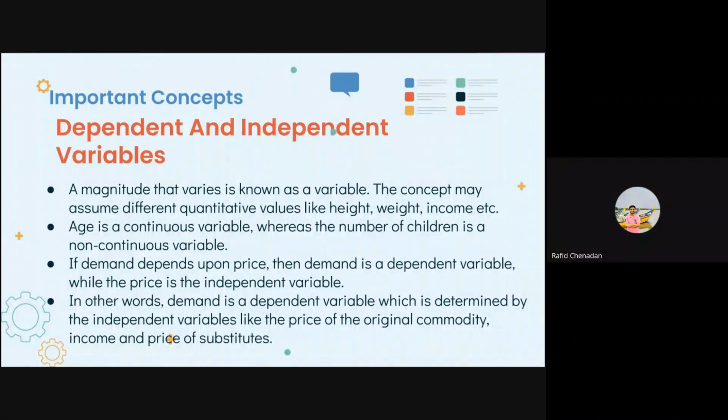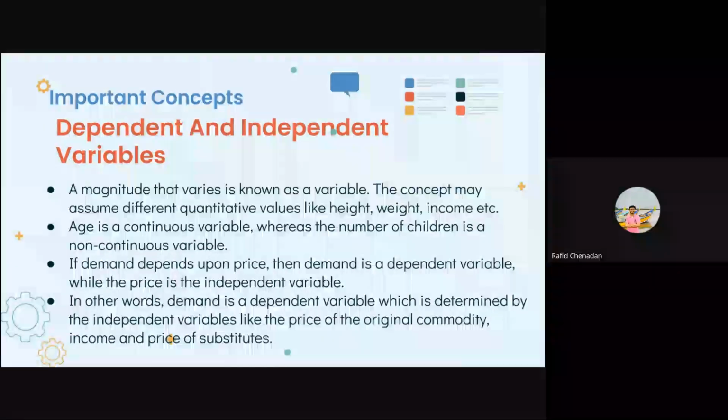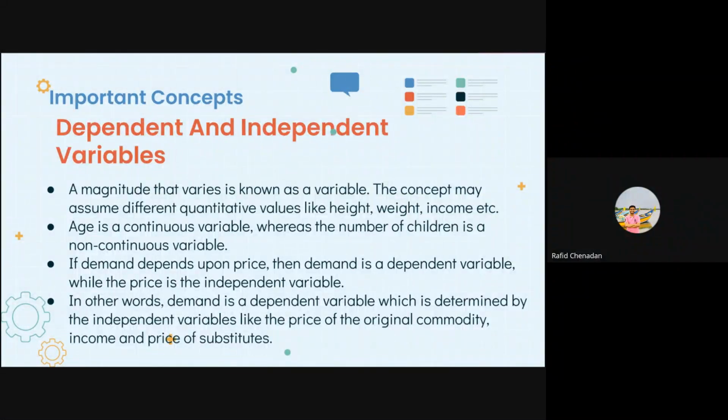Age is a continuous variable because in 1996, I was 0 years old. In 1997, I became 1 year. And in 1998, 2, like that, it increases 1, 2, 3, 4. Each year, it increases continuously. So whatever goes continuously is a continuous variable.